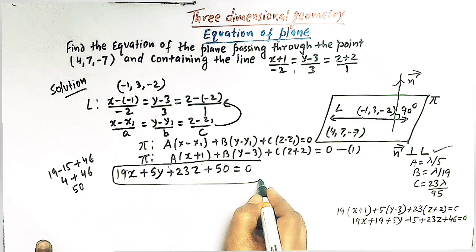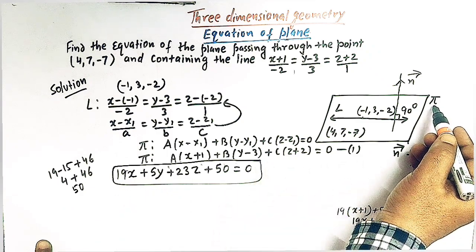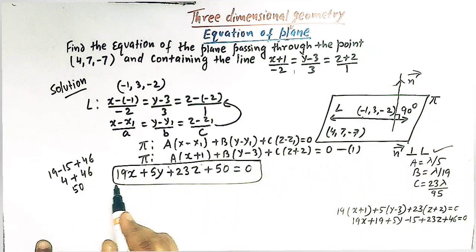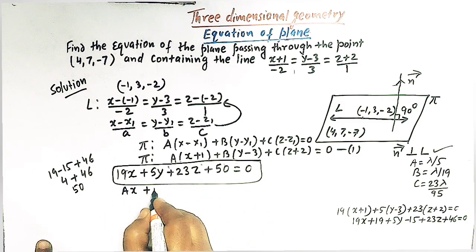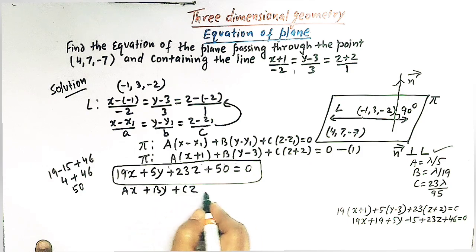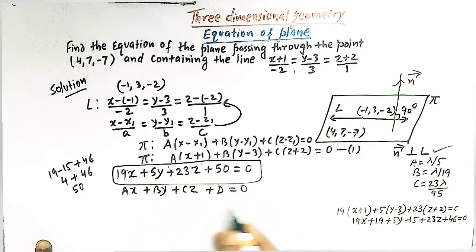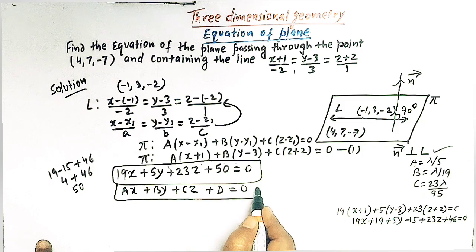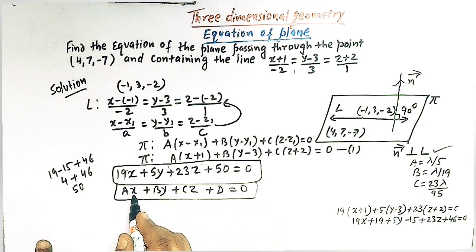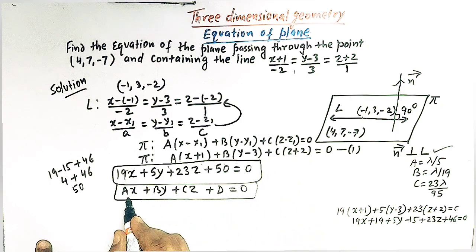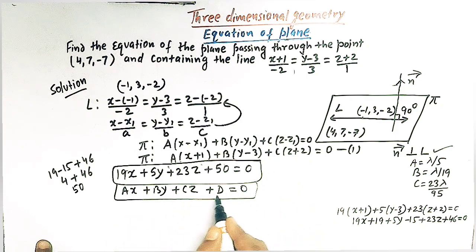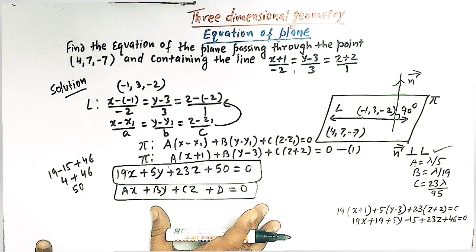So this is the required equation of this plane pi in Cartesian form, right? So here the form is ax plus by plus cz plus d is equal to 0, because we know that any equation of this form in first degree, that is x, y, and z are in first degree, ax plus by plus cz plus d is equal to 0, it always represents a plane.